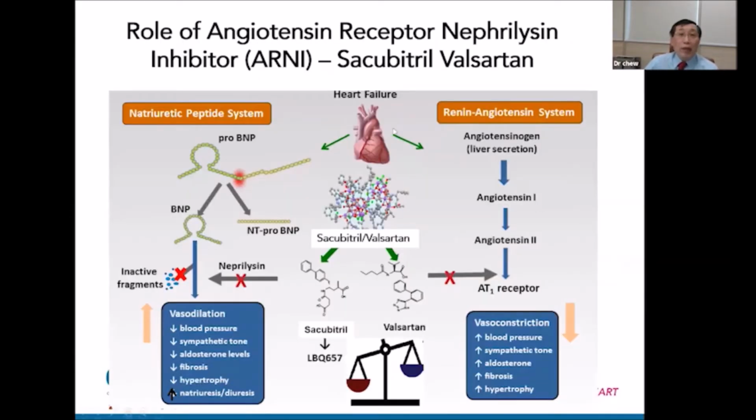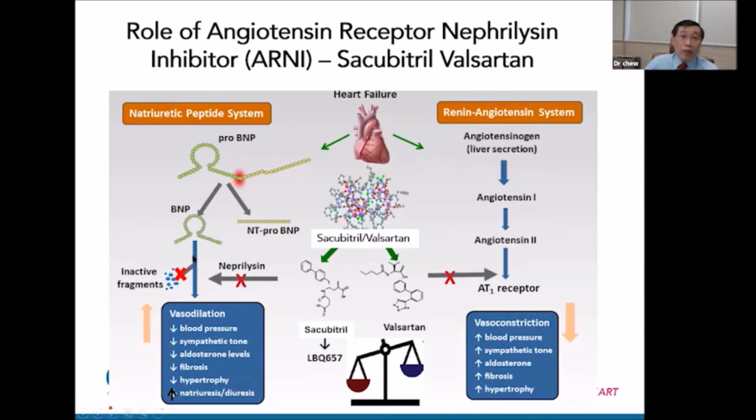Then came along PARADIGM-HF, which looked at sacubitril valsartan. Sacubitril valsartan is actually a combined compound, which after it's ingested is broken up into separate sacubitril and valsartan. Valsartan is an angiotensin receptor blocker, so it blocks the angiotensin receptor and therefore blocks the renin-angiotensin-aldosterone pathway. Sacubitril blocks neprilysin. Neprilysin is an enzyme that breaks down natriuretic peptide.